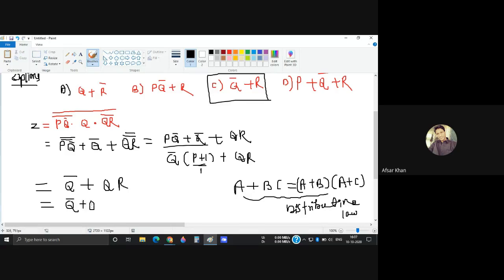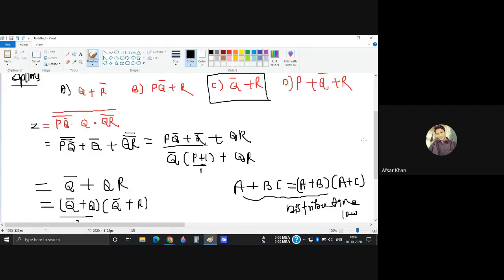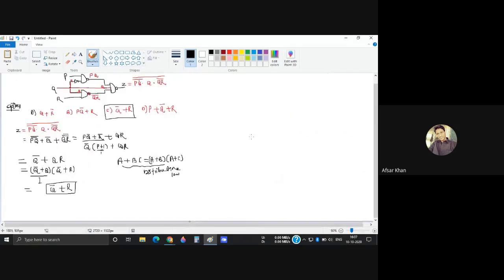Q bar plus Q into Q bar plus R. Now Q bar plus Q is nothing but 1. So our final answer is Q bar plus R. Which option is right? Option C is correct. So this is our answer.